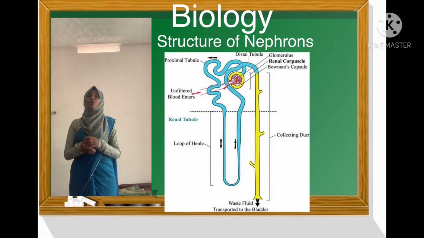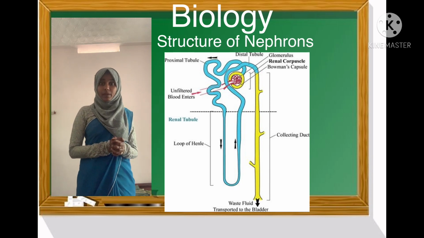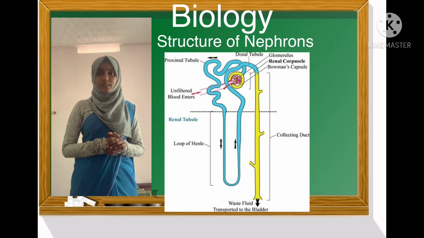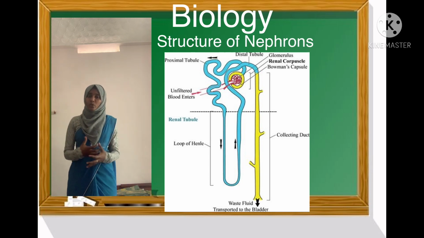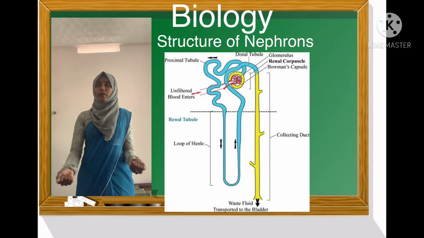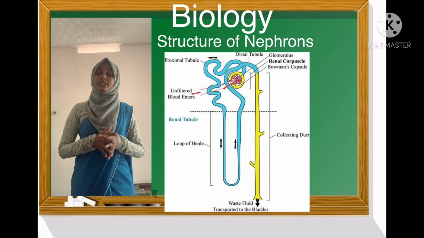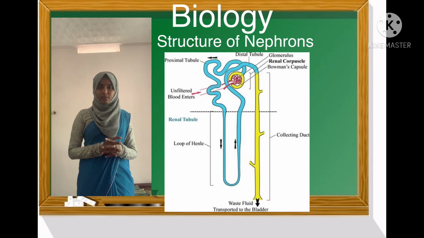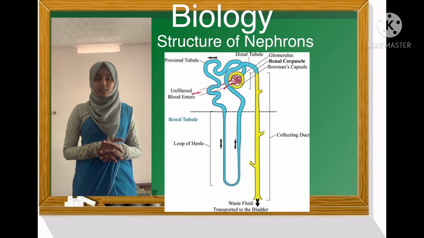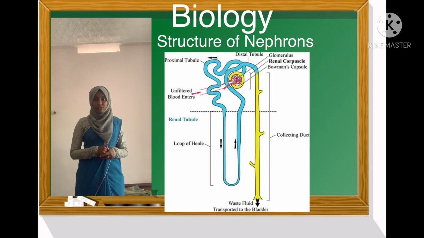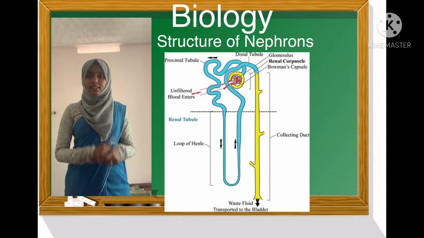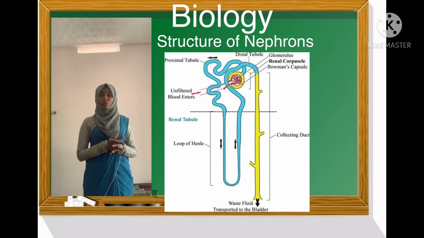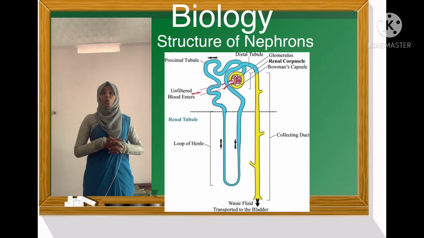The filtration is taking place in our kidney. To maintain our homeostasis, or maintain our health, the blood must be filtered. Kidney plays a major role in maintaining our homeostasis.